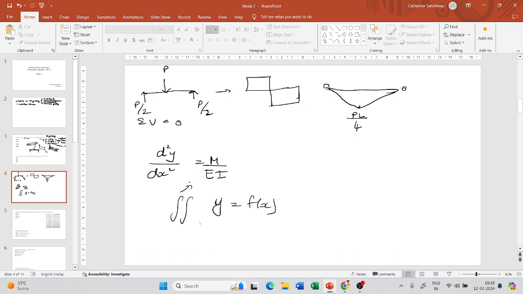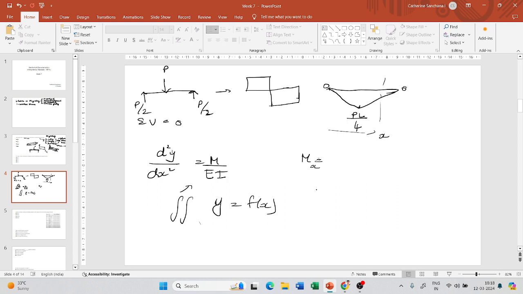Now you know what M is, right? So you have to take M at a section x, okay. Find M at a section x, then you integrate it twice.